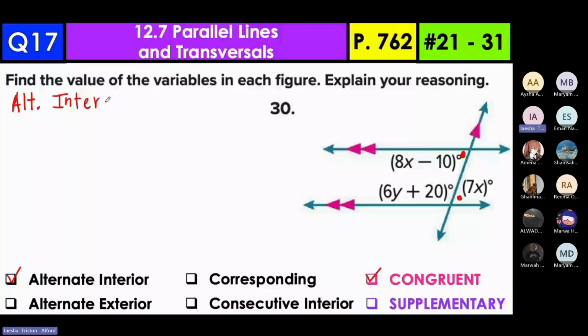What's your equation? 8x subtract 10 equals 7x. Solve. What's the step?